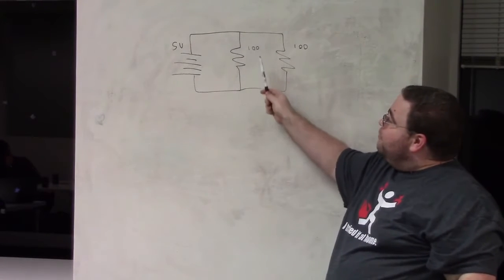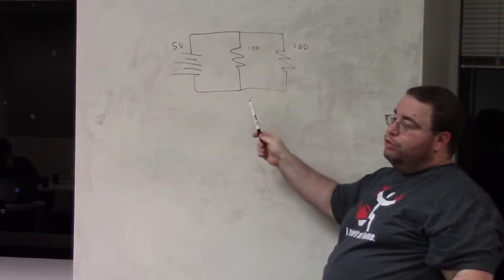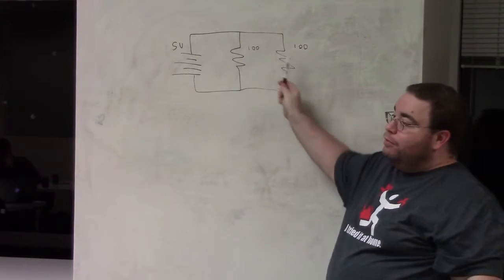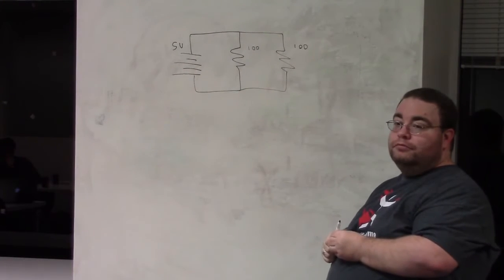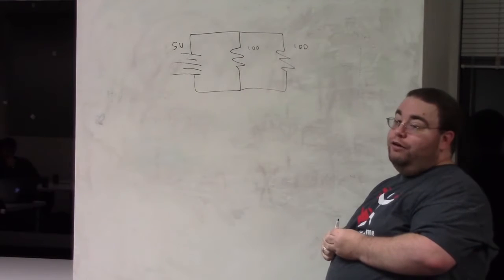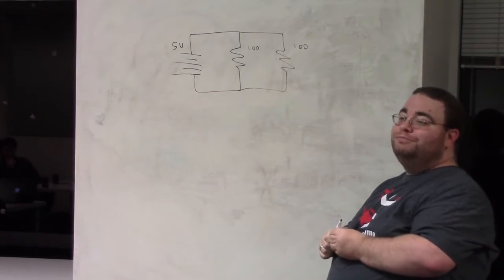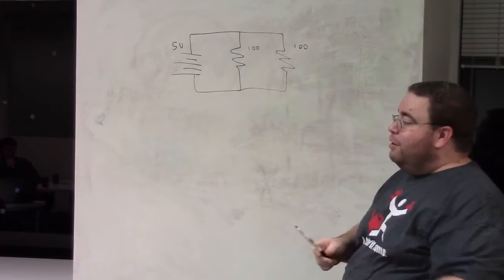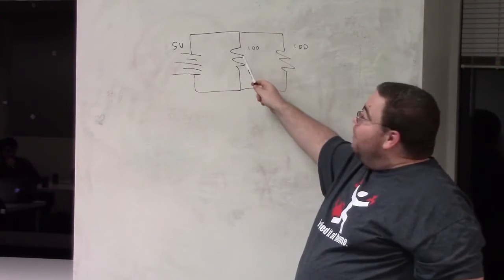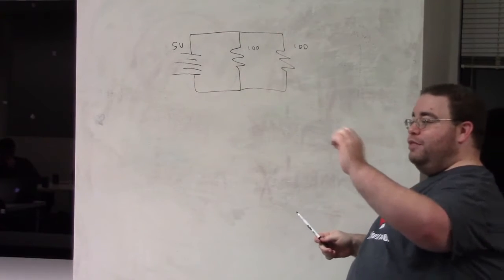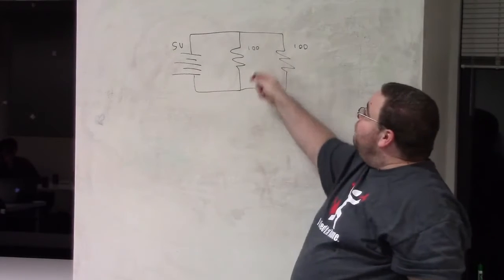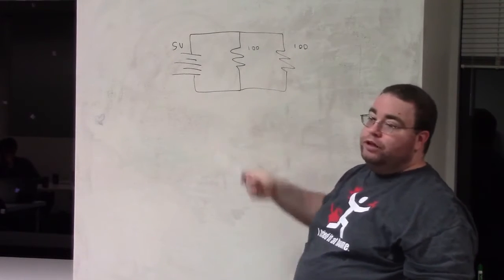Is this going to have more or less current going through it than the one that had both of them in series? Same amount total. No, actually, more. Because think about water. Now it's got 2 paths to go down. When it was going in series, it had to squeeze through one narrow pipe, then another one. Now it can split itself and go through 2 narrow pipes.